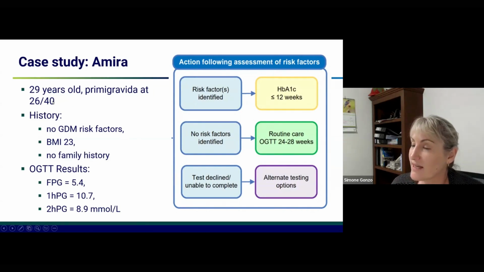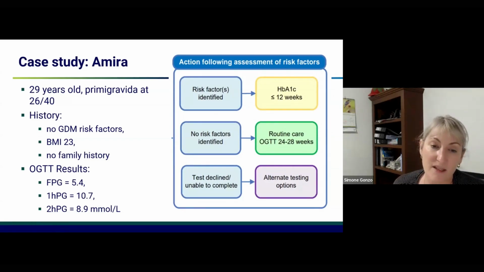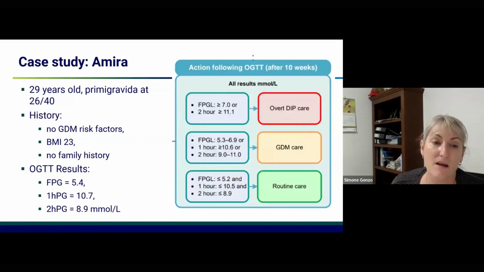Her glucose tolerance test now has come back at 26 weeks with a fasting plasma glucose of 5.4, 1 hour test 10.7, and her 2 hours at 8.9. So where are we thinking that puts Amira in terms of diagnosis of overt DIP, GDM?